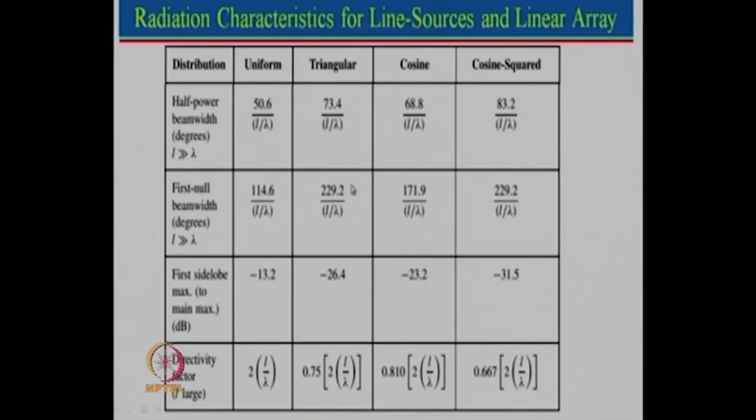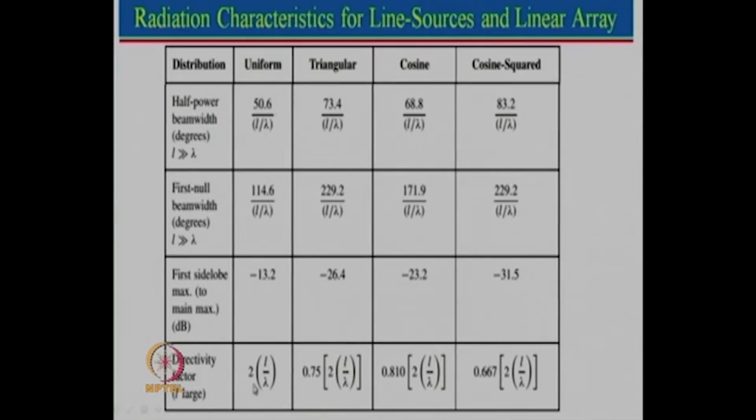Now, we want to calculate, let us say, the half power beam width. We had seen earlier that half power beam width is given by this expression, but for triangular you can see that the half power beam width has increased, for cosine it has increased too. So, that increase in the half power beam width leads to the lower gain, but what is important first to look at is the side lobe, because that is the reason we use this here.